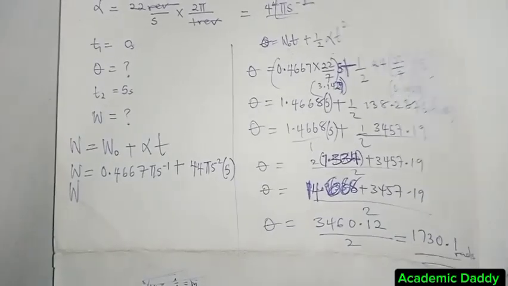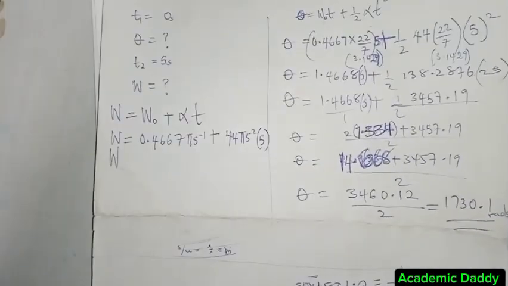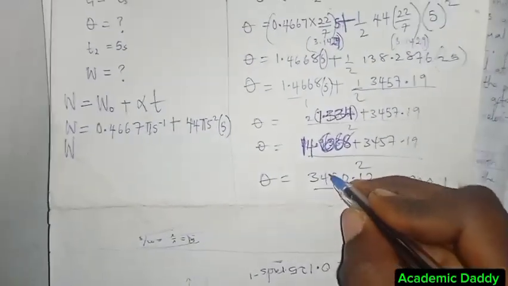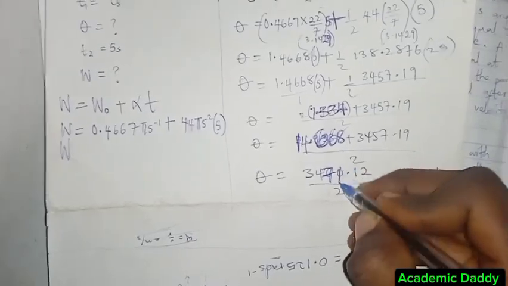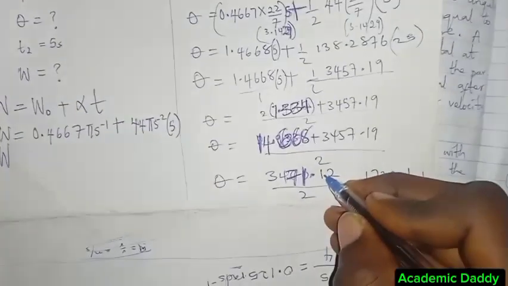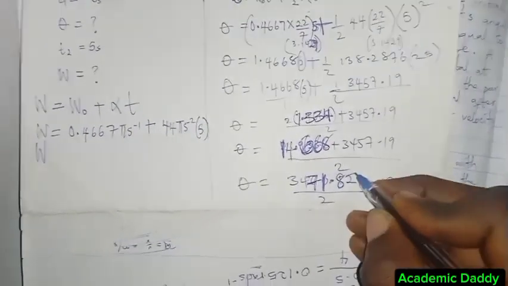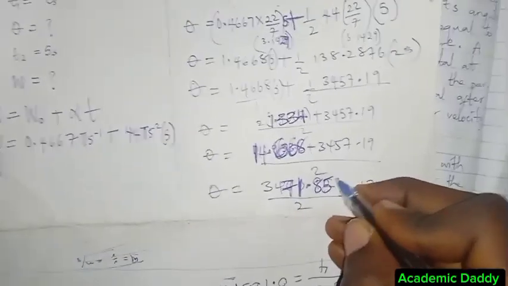So by the time you add it up, up here I'm supposed to have 3471.858.